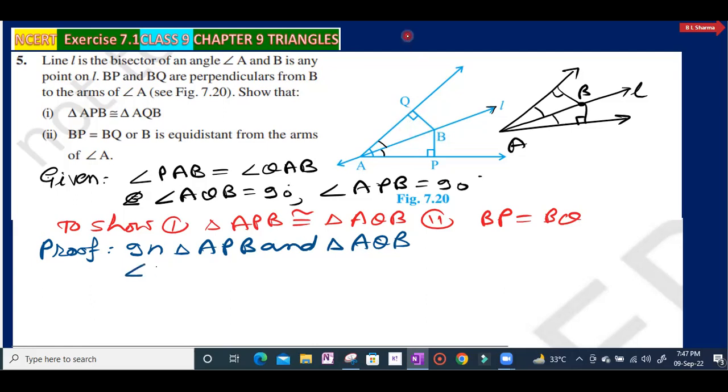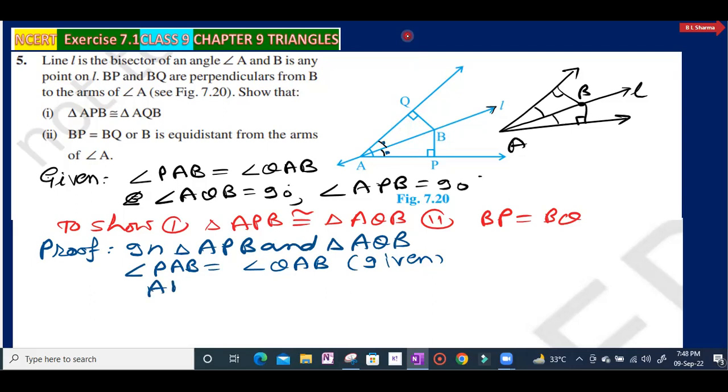Angle PAB is equal to angle QAB. It is given. ये गिवन है क्योंकि ये बाइसेक्टर है. बाइसेक्ट मींस डिवाइड इनटू टू इक्वल पार्ट, मींस this angle is equal to this angle.